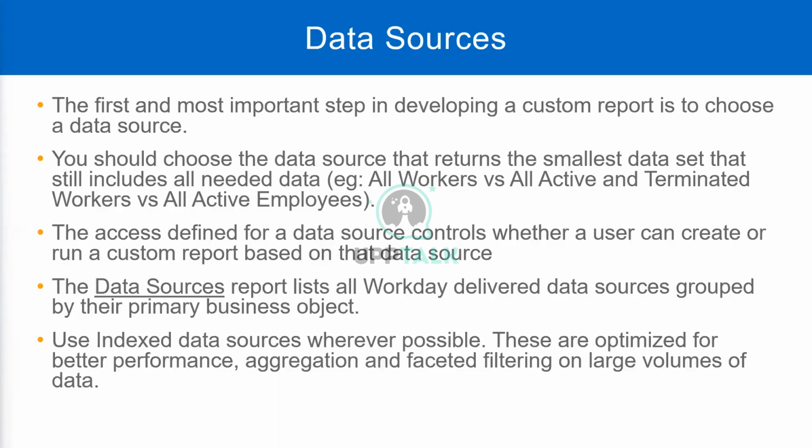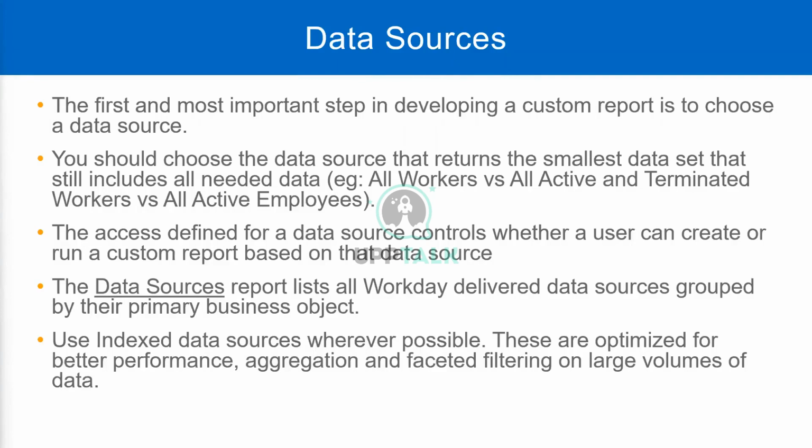You may choose all workers, but it returns a wider population, and then you have to filter them out. Why do that? If you have all active and terminated workers, use that.